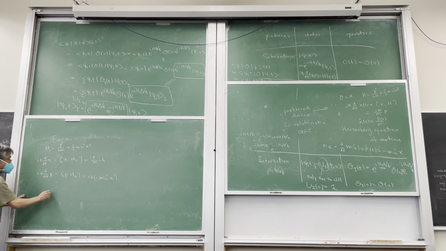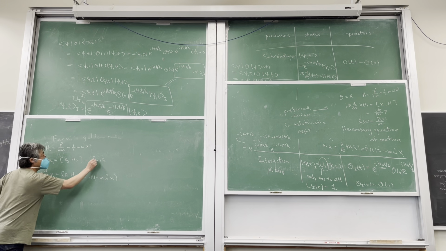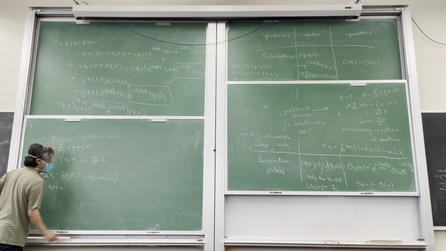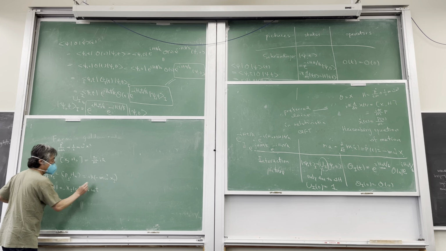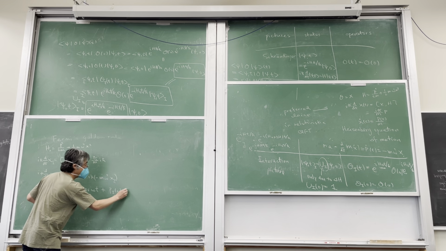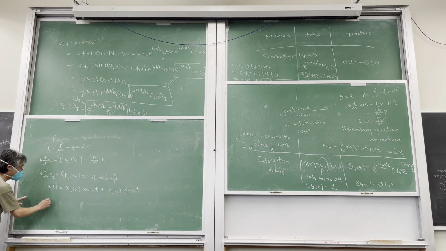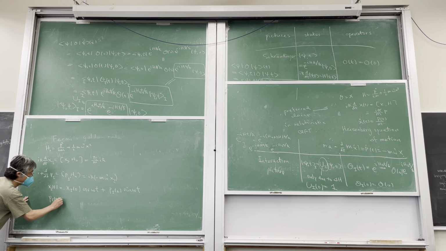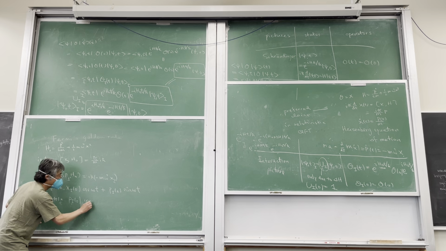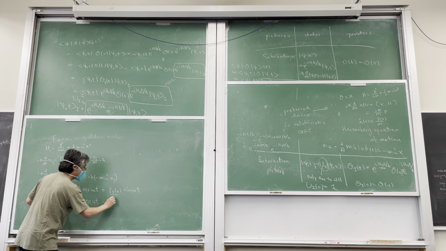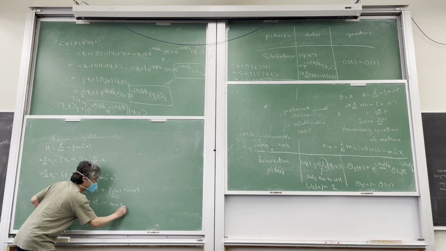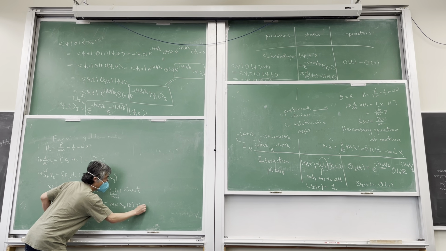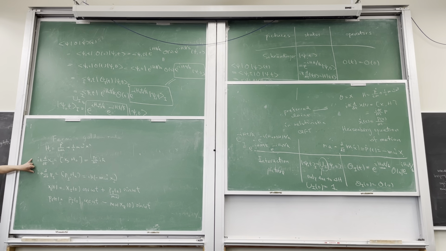And you can even solve this, namely that x of t in the interaction picture is given by this, as a solution to this Heisenberg equation of motion.